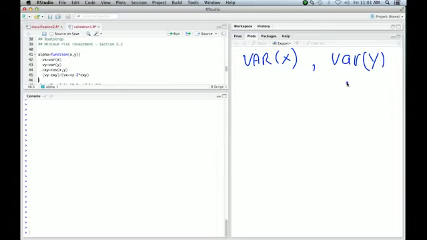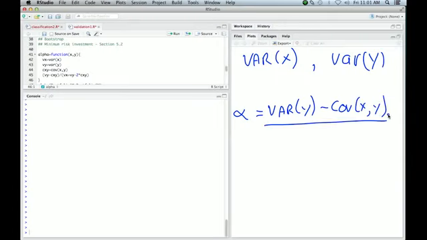And we told you that the optimal formula for getting a minimum risk investment, if you're going to use alpha of X and 1 minus alpha of Y, is given by the formula: variance of Y minus covariance of X and Y, divided by variance of X, plus variance of Y, minus 2 times covariance of X and Y.